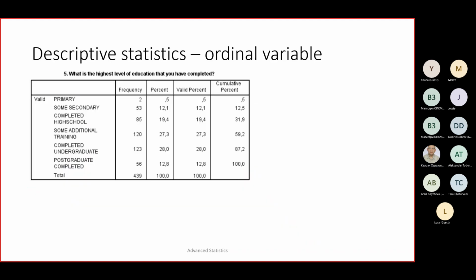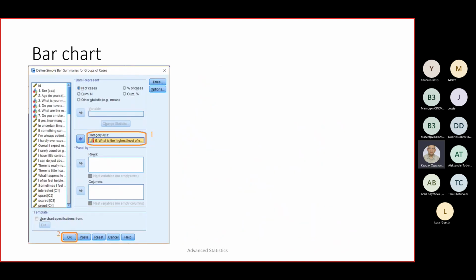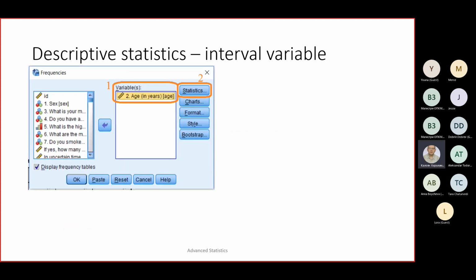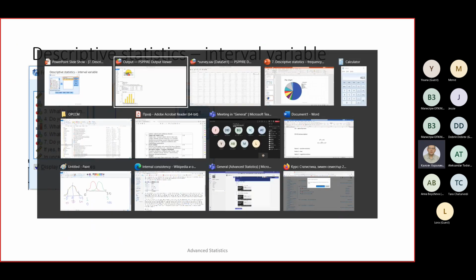So, okay, bar chart again, and now the last and the most difficult analysis. This is descriptive statistics of frequency distribution of an interval variable. And here we will analyze age.